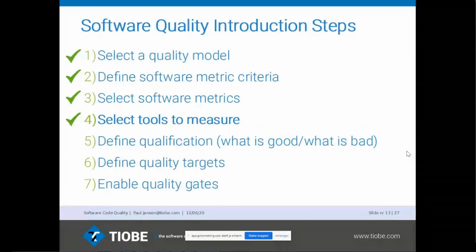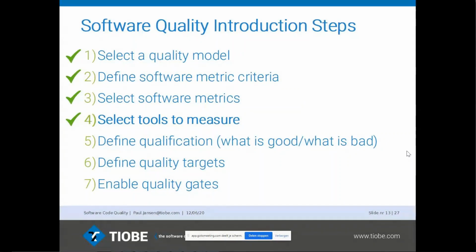And now we're getting close to our quality targets. For instance, suppose you have these metrics, very nice, but you are not going to do anything with it. You just have them on paper, then nothing will happen in your company.